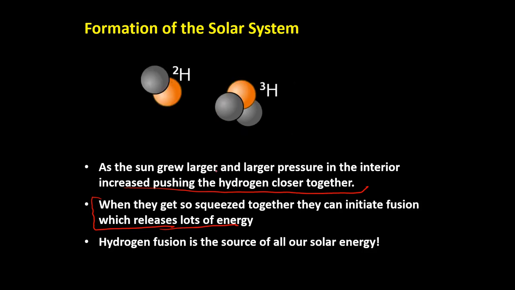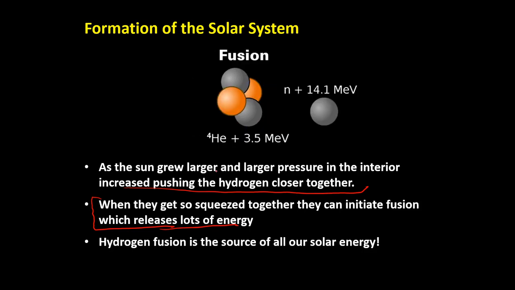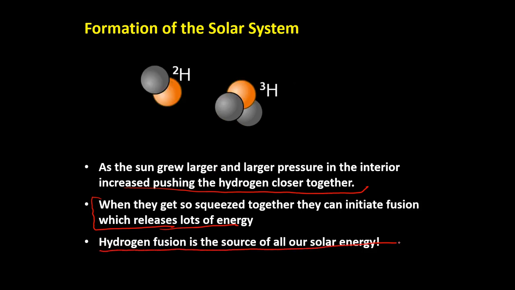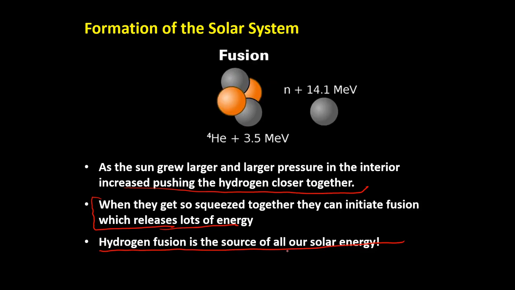So it ends up starting a chain reaction that creates the burning sun as we have it today, right? Burning hydrogen. So hydrogen fusion is the source of our solar energy. Okay, by and large, it's the major source of our solar energy.